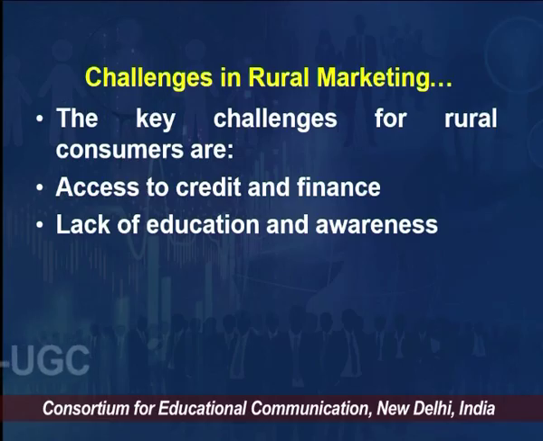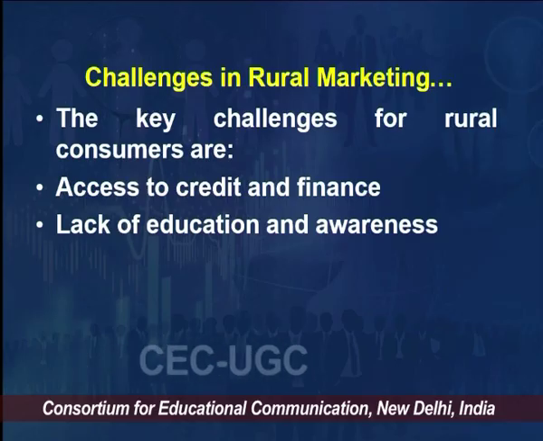Second is lack of education and awareness. Some rural people are either not that educated, or even if they are educated, the level of awareness is very low. So they are not aware of those facilities of the Government of India. Before the Mudra Yojana, people were not exposed to banking and financing facilities in the manner in which they are now.